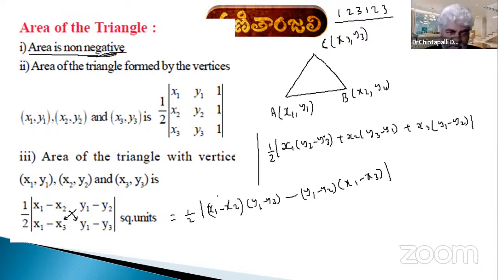That's it. Understand that the same also can be written like this: 1/2 times x1 minus x2, x1 minus x3, y1 minus y2, y1 minus y3.